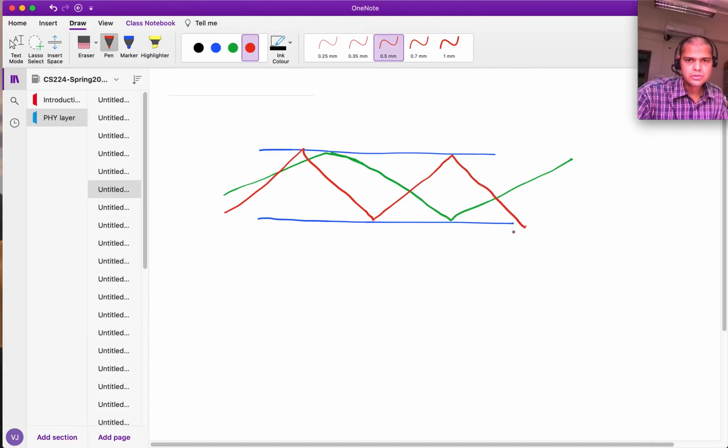This too may bounce off. Okay, and so both of them reach the other end, and the term used in fiber optics is modes. So we call these modes. And so these different modes are going to come at the other end. And if a fiber allows multiple modes, it's called a multi-mode fiber.